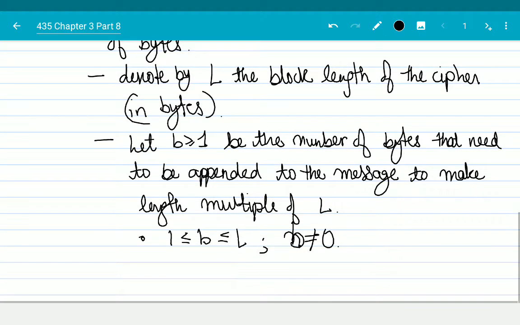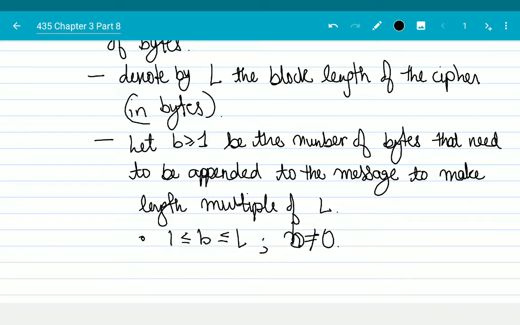Even if your message is exactly length L, you should in that case append L bytes.